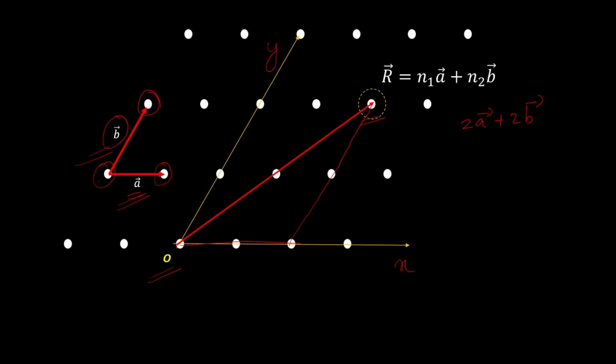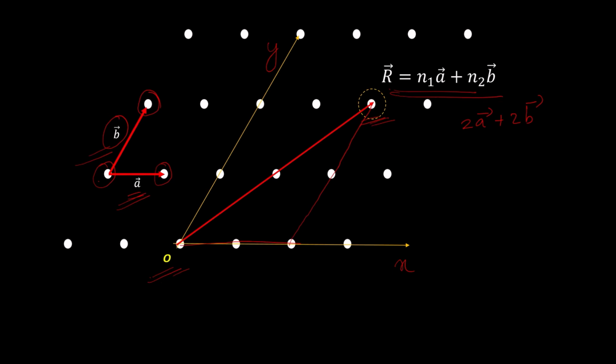Here you can see that the lattice appears identical when viewed from any position given by these equations. As I mentioned before, there is nothing special about this chosen point or about the origin. From whatever point you observe this lattice, you can see the identical arrangement of the atoms.